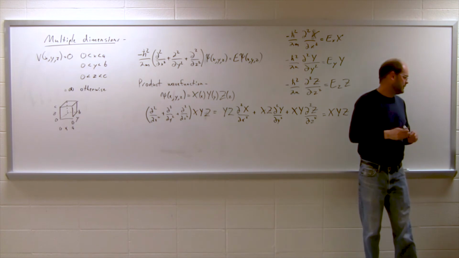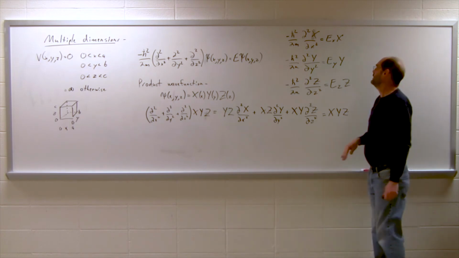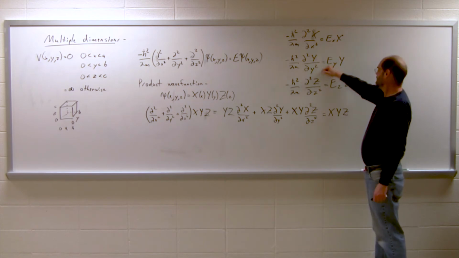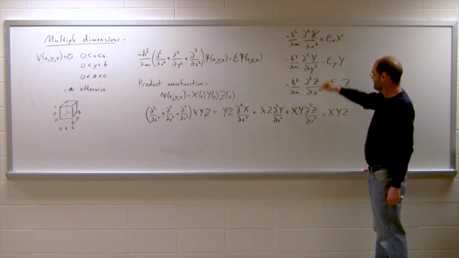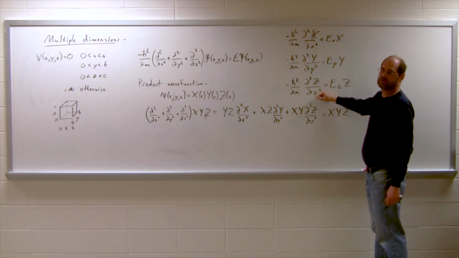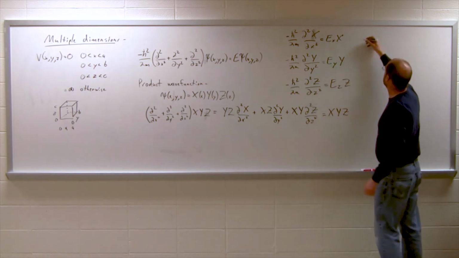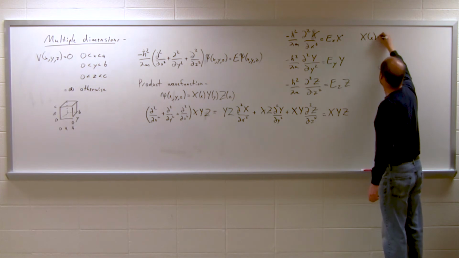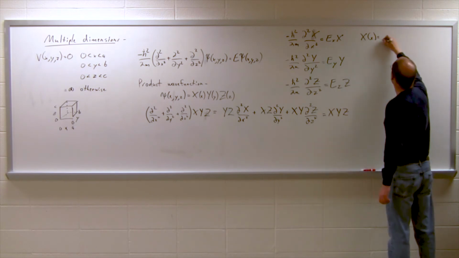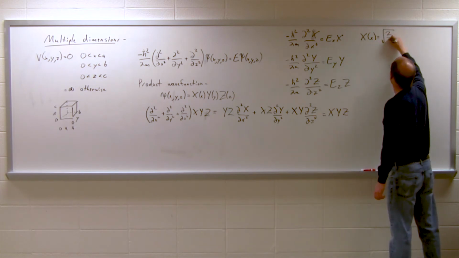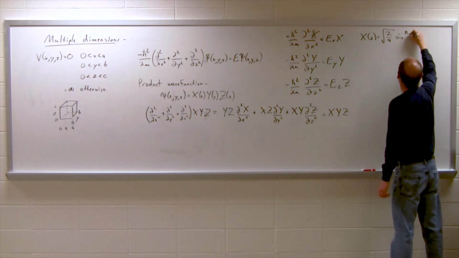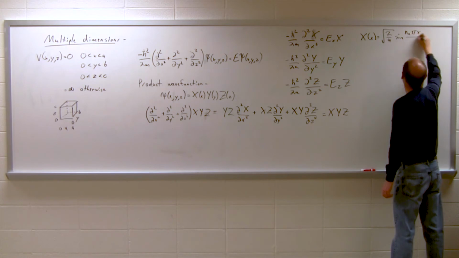This looks complicated, but you know what? We've already solved these. This is the particle in a box. This is the particle in a box. This is the particle in a box. And so what I have is that my X function is just equal to the square root of 2 over a sine of n_x pi x over a.